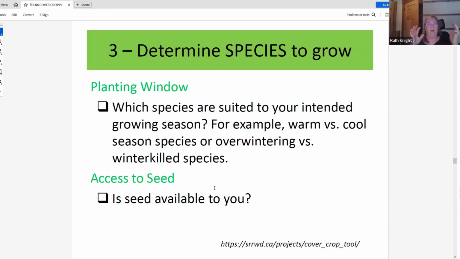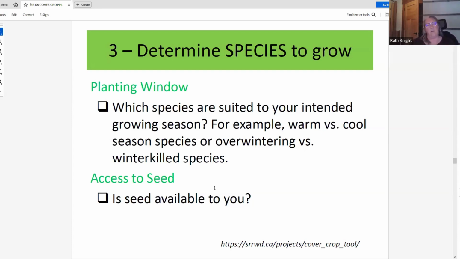So there are warm season species that do not like any cold periods or a whiff of frost, and so they would have a more limited time frame in which they would germinate and grow.